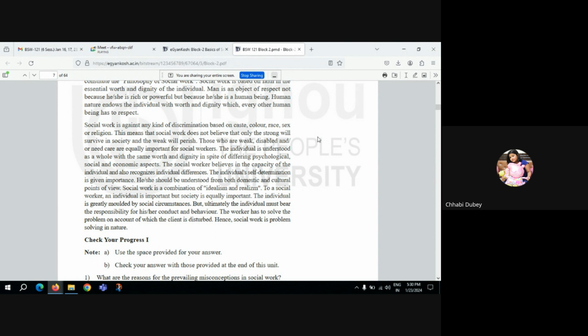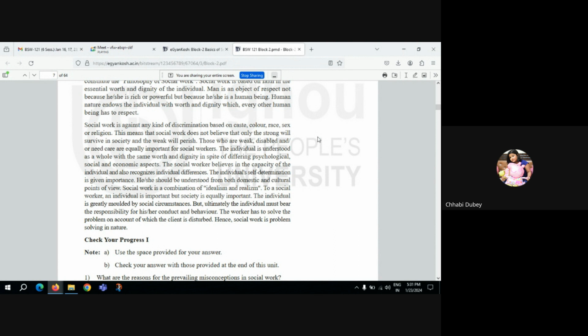The way we behave, the way we conduct ourselves, we have to bear that responsibility for all our behaviors. And the social worker has to solve the problem on account of which the client is disturbed. That is why we say that social work is problem solving in nature. So this is all about the basic nature of social work.